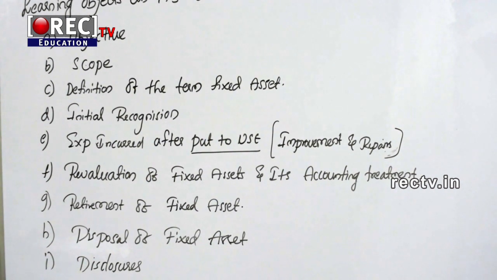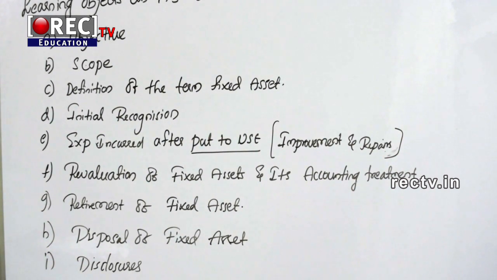Now, the scope or non-applicability of AS10. This standard does not apply in the following situations: first, regenerative resources assets like forestry, livestock, etc. Secondly, recognition in relation to wasting assets, examples: coal mines, oil wells, etc. And the third is expenditure on construction contracts, as construction contracts have a separate standard, that is accounting standard 7.